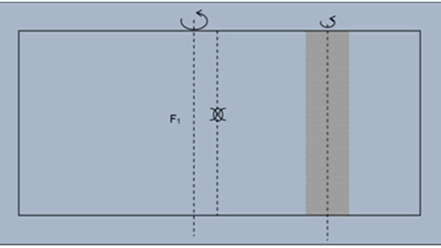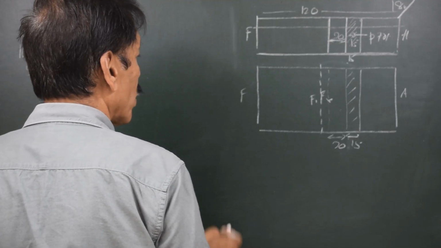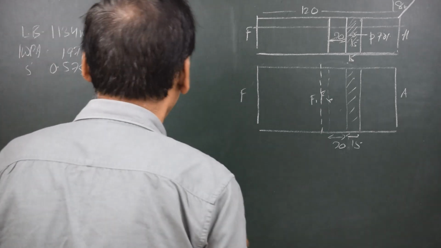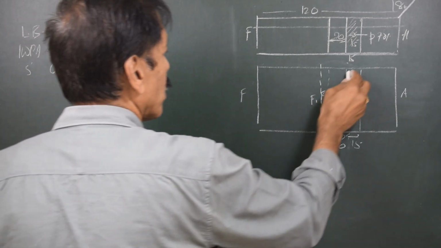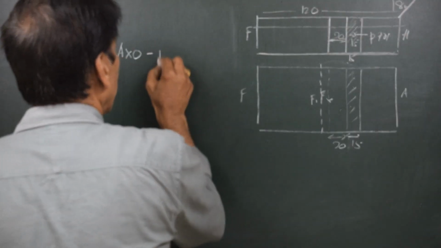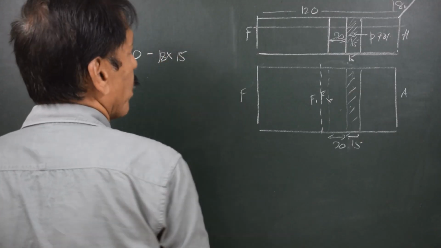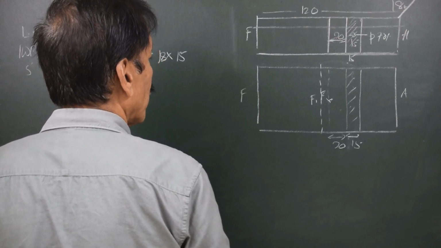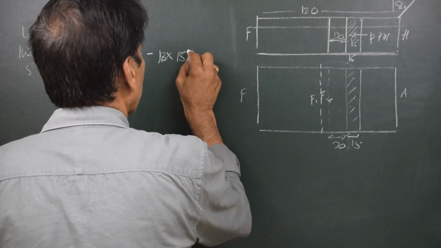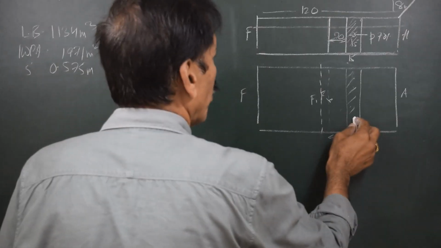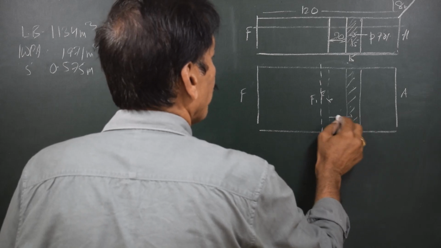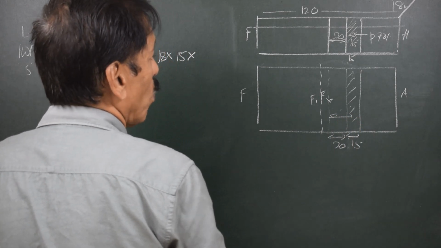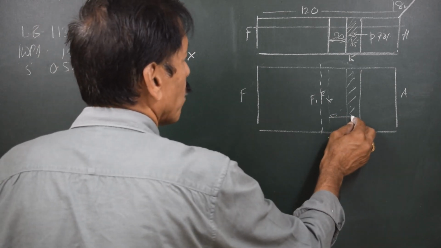We take the moment of the water plane area about its own centroid. So A multiplies with 0. The first term is always 0, minus whatever is the loss. The loss is 18 into 15, where 18 is the width of the compartment and 15 is the length of the compartment. I'm taking the moment about the centroid of the total water plane area regardless of damage. So what is the distance from here to here?